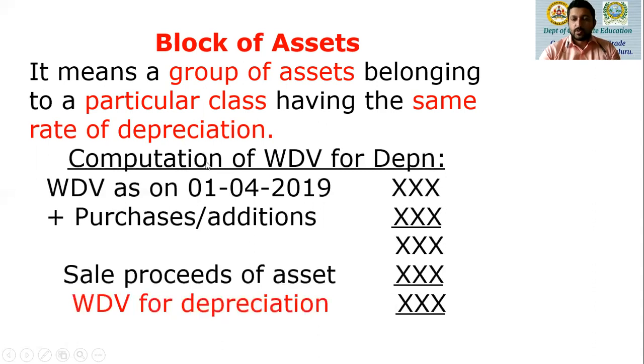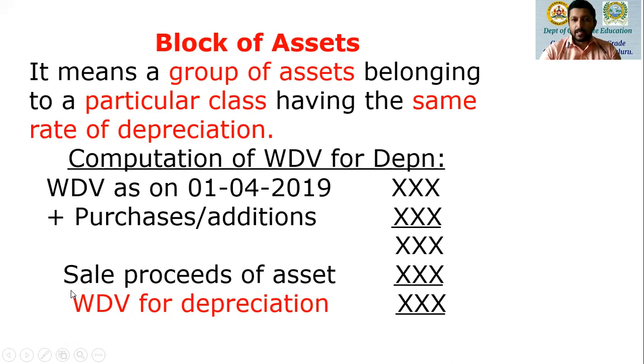not on individual asset basis. So now how do we calculate the written down value for depreciation? As usual, the written down value as on 1st of April, that is on the first day of the year, will be given to us in the problem. Whatever purchases or additions have been made during the year will be added, and it will be totaled with the opening written down value at the beginning of the year.